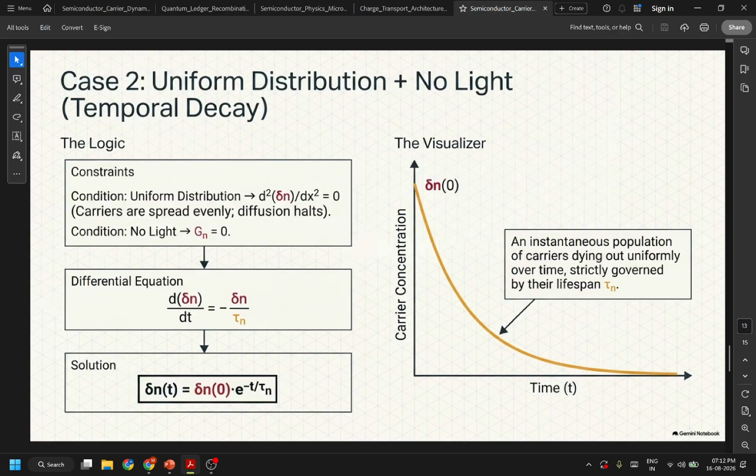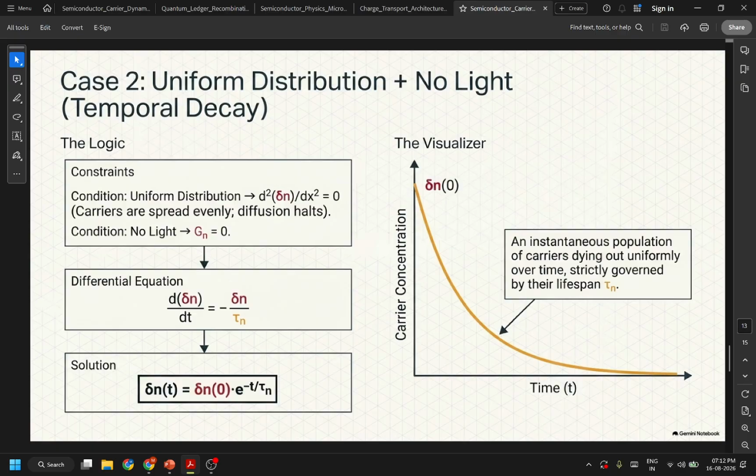So case 2 is uniform distribution plus no light, which is just temporal decay. We have uniform distribution, which means there is no gradient, so the d squared delta n by dx square term is 0, and we have no light, so Gn is 0. So we just have d delta n by dt equals minus delta n by tau n.